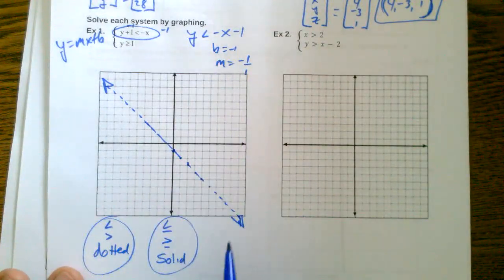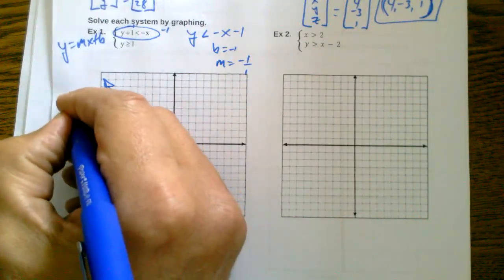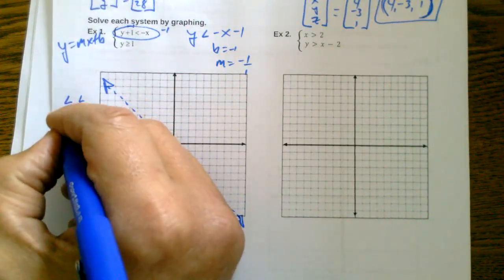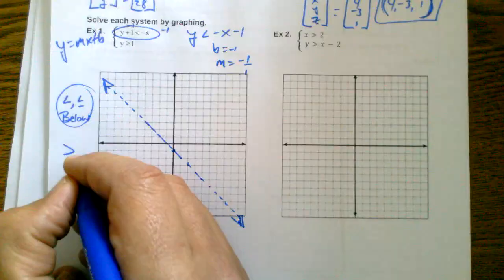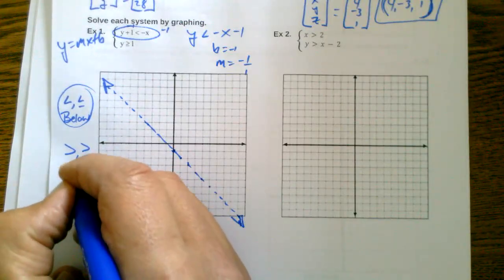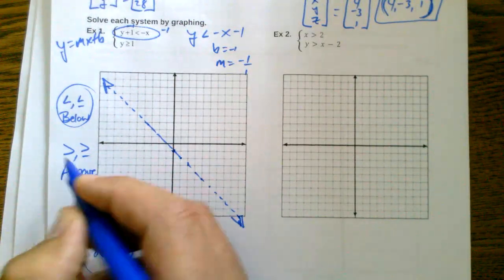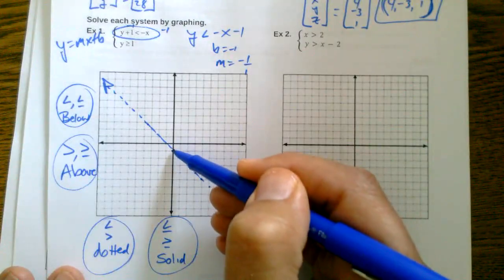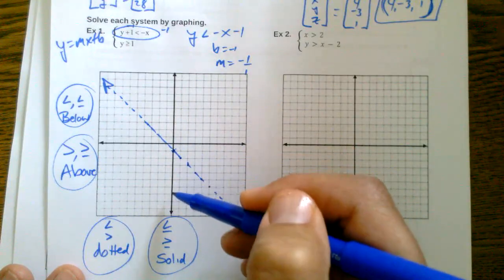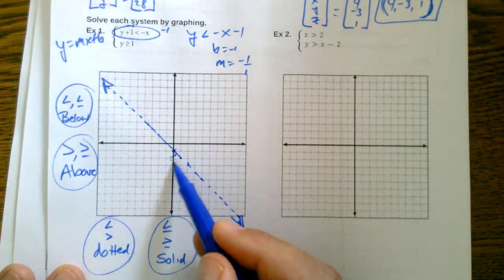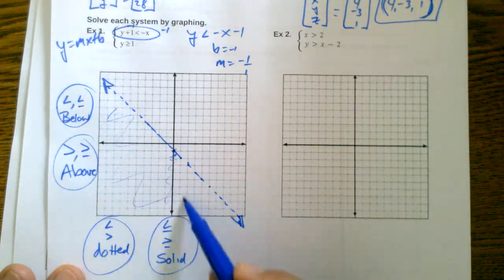And then this graph is less than, so if you remember, less than or equal to is below, looks like an L. And if it's greater than or equal to, I'm going to shade above. So a little trick, what I do is I'll find the y-axis, and I have to decide, well, if it's less than, I'm going to go down and shade below that y-intercept.